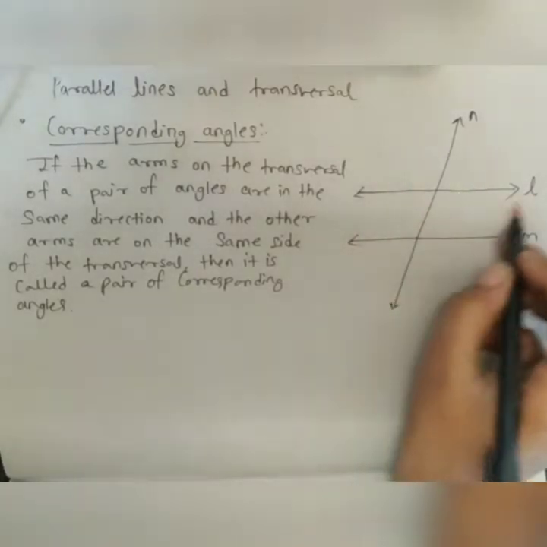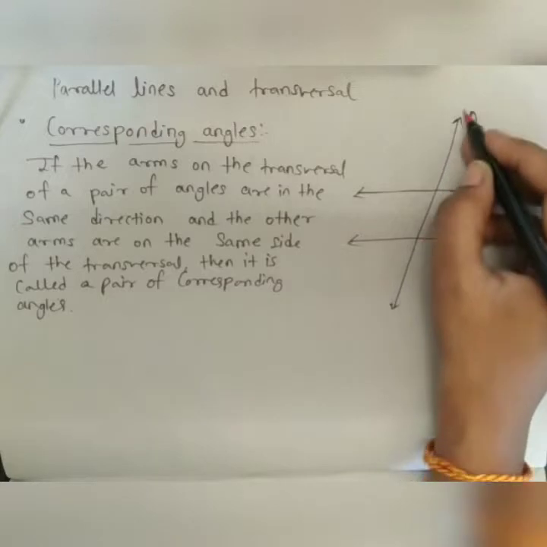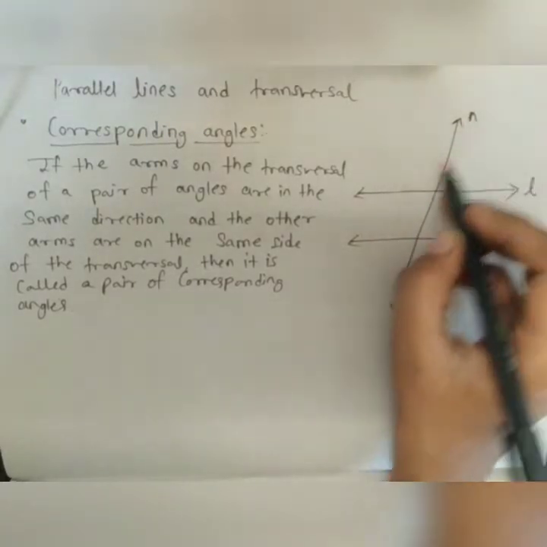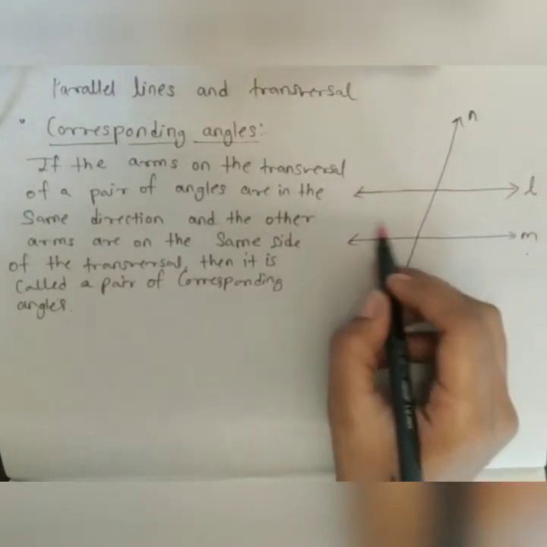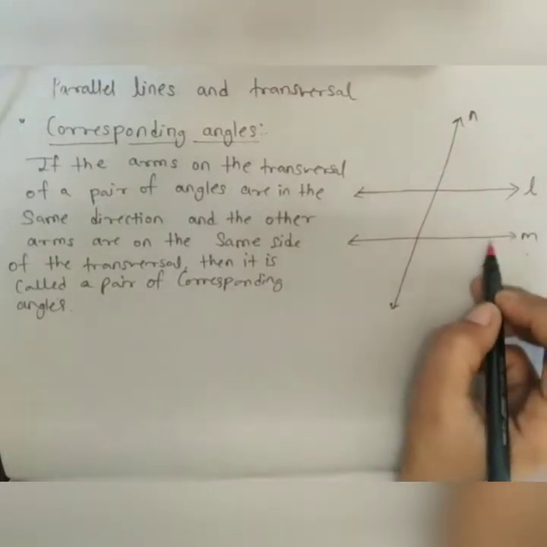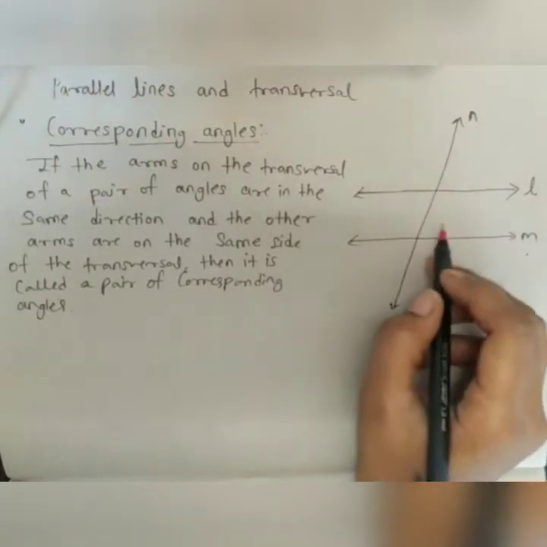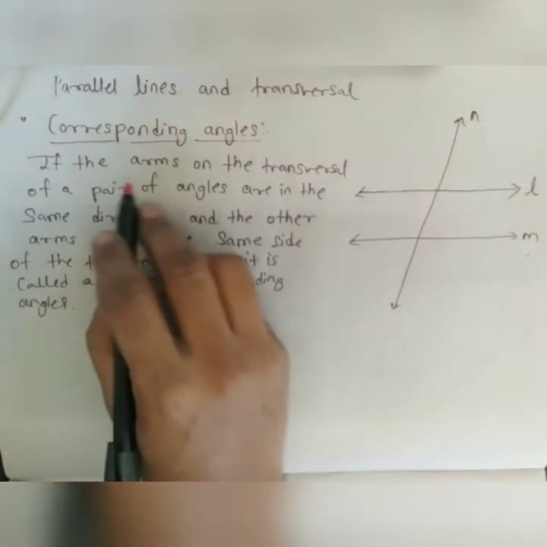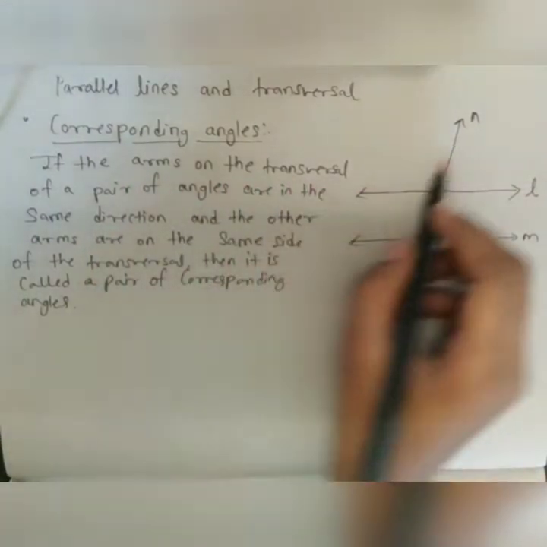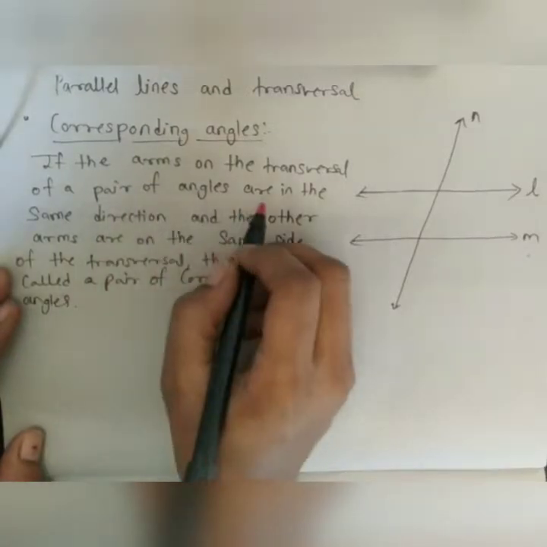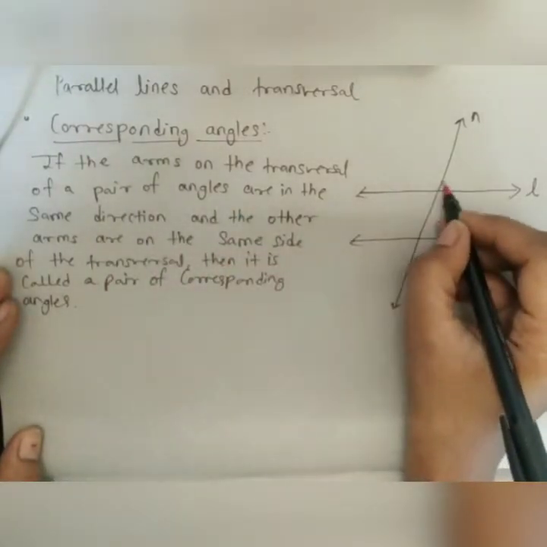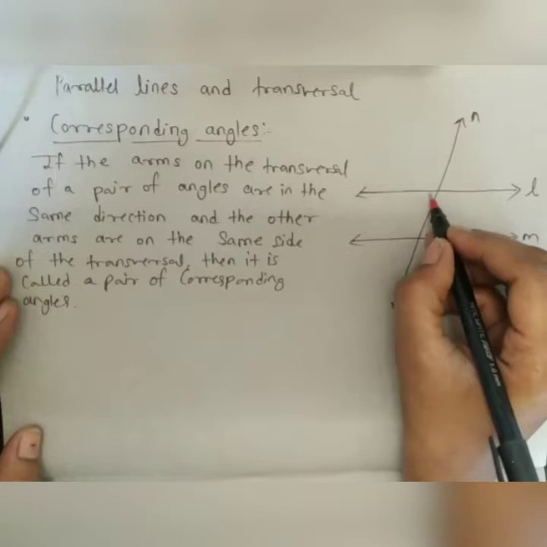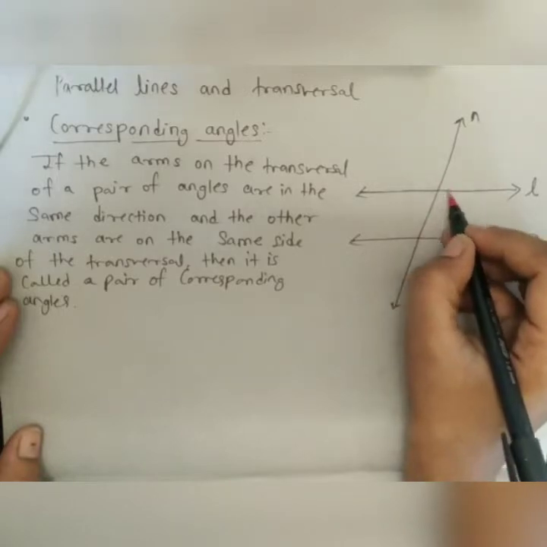These are the arms of the transversal line N. This is an arm, this is also an arm. These are the arms of the transversal line N. If the arms on the transversal of a pair of angles, see these, here we have an angle, here we have some angle.